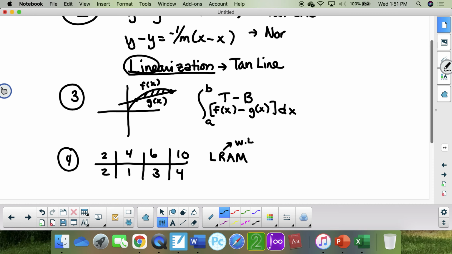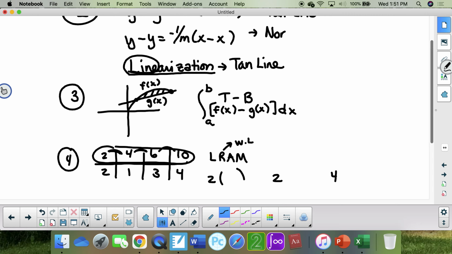The widths are your x values, and in between, the width for this one is 2. The width for this one is 2, but the width for the last one is 4. If they're all 2, 2, 2, 2, you could have put 2 on the outside. You guys remember putting just the width on the outside? But this one, they're not all the same, so you have to break it up into width times length.